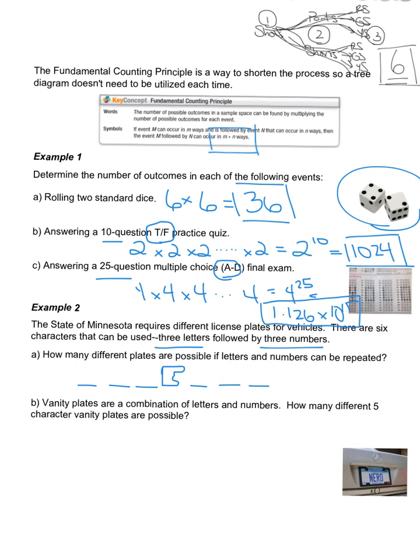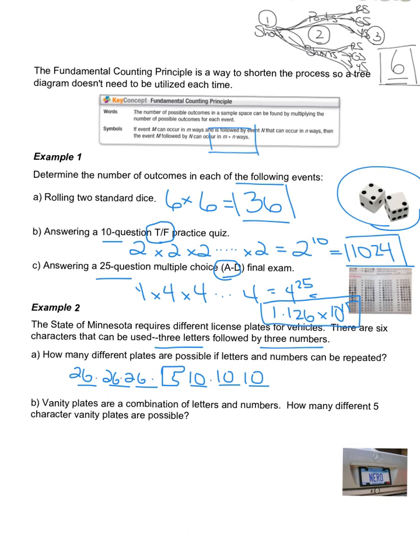So if we think about things, if they can be repeated, we have 26 letters to start. And I can repeat letters, so I'm going to have 26 outcomes each time, followed by 3 numbers. Well, digits range from 0 to 9, which is 10. And if numbers can be repeated, we have 10 times 10 times 10.